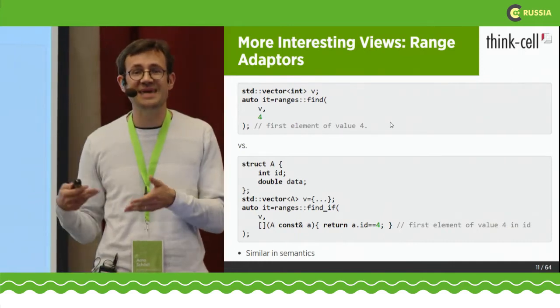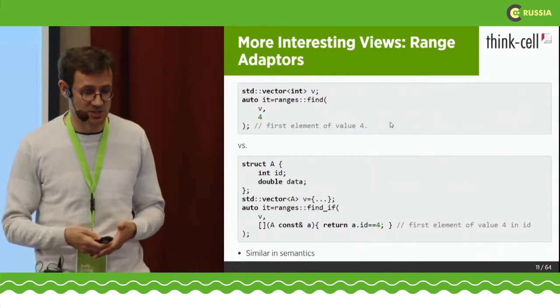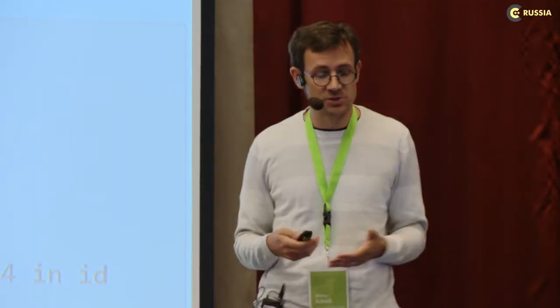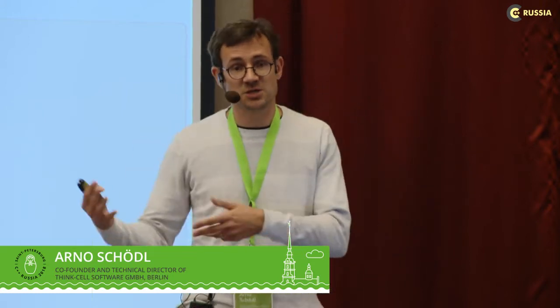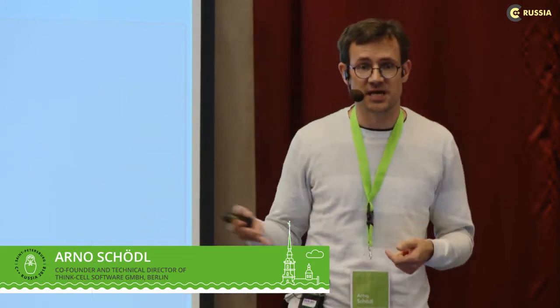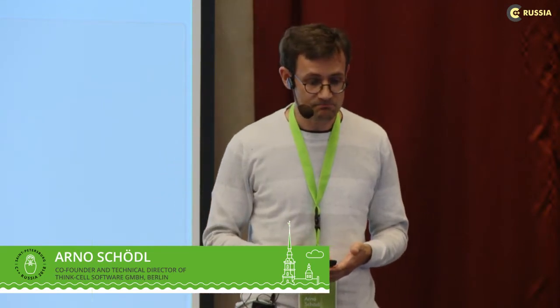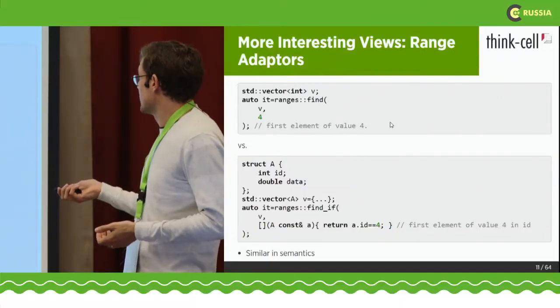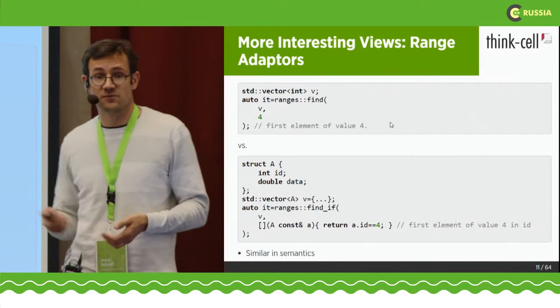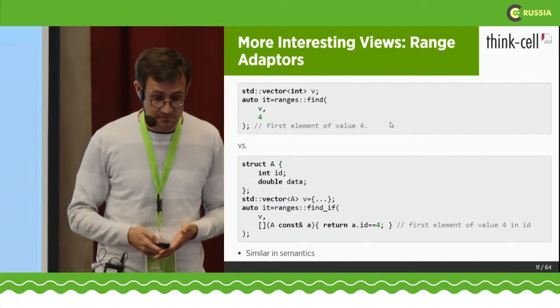It contains the ints embedded in some larger structure. And really what you want to do is a projection of the structure onto the int that is contained in the structure, and then look for the 4 in that projection. Now, the way to write that, if you have nothing else, would be with a find_if and then a.id equals 4, as you see at the bottom.